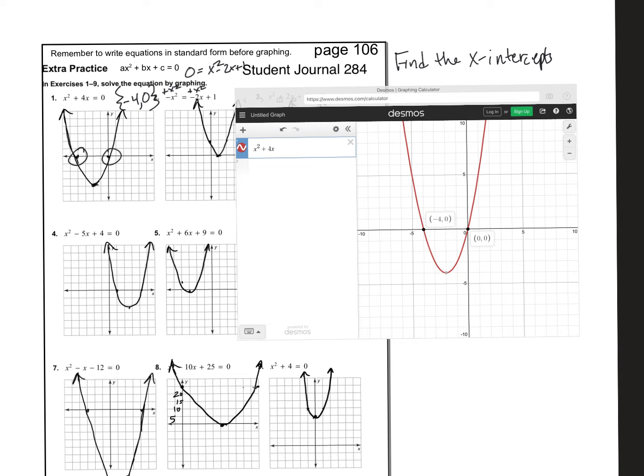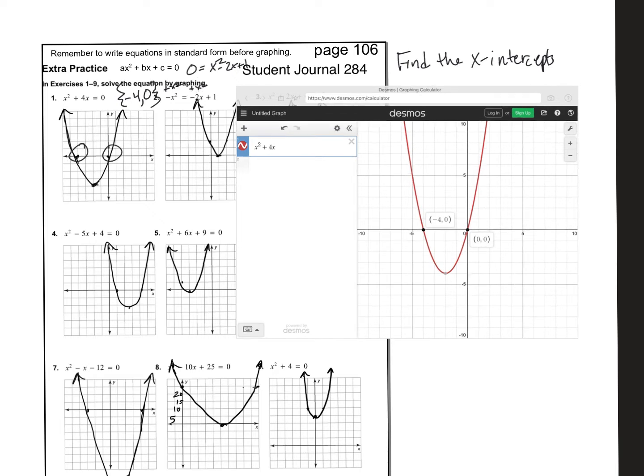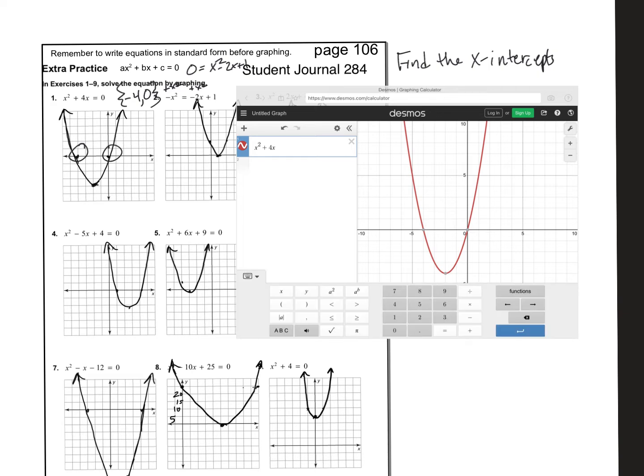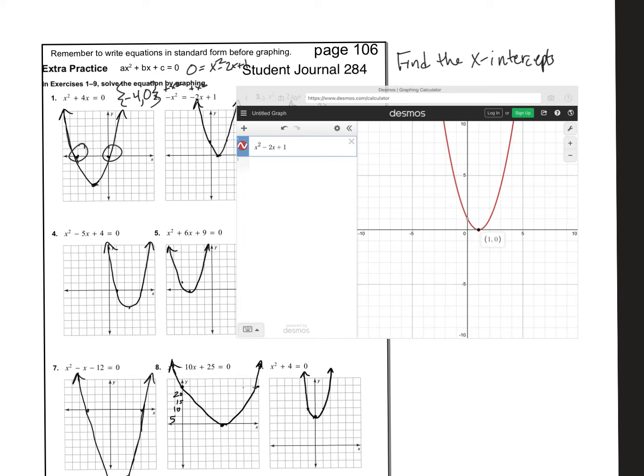And so then I can go back to Desmos and type in x squared minus 2x plus 1. And you can see that 1 is the solution, and that's the only solution.